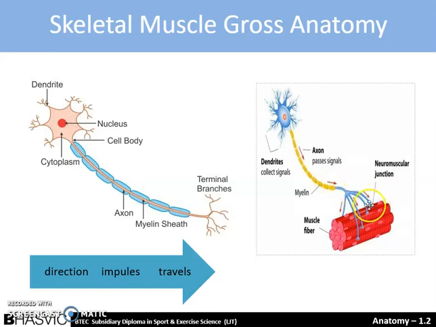As it reaches the end, it reaches the presynaptic membrane, where the neurotransmitter is released across the synapse, and the electrical impulse can go across. Once enough of the neurotransmitter is released across the receptor sites, the electrical impulse can travel across to produce the contraction along both sides of the fiber, as it is striated.